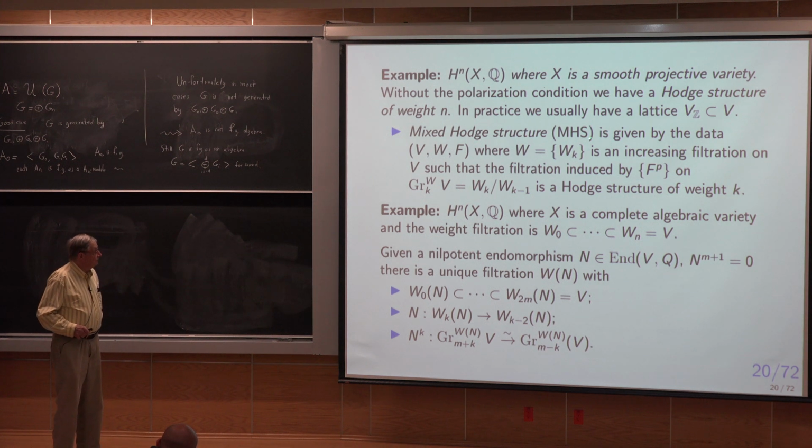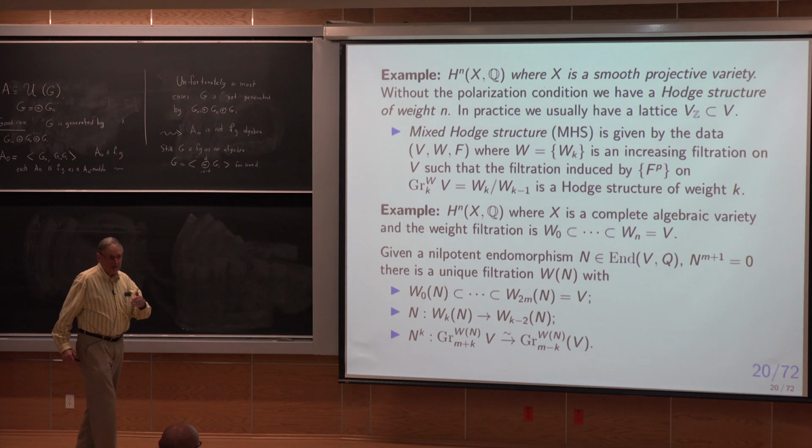A mixed Hodge structure is given by the data of the vector space and two filtrations, an increasing weight filtration defined over Q, and the descending Hodge filtration defined over C. And the linear algebra condition is that on the associated graded successive quotients, the Hodge filtrations induce Hodge structures of weight k.